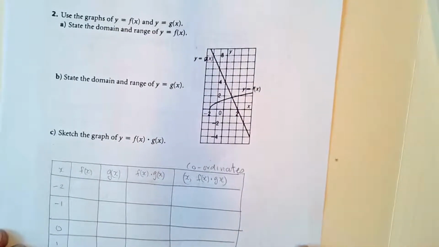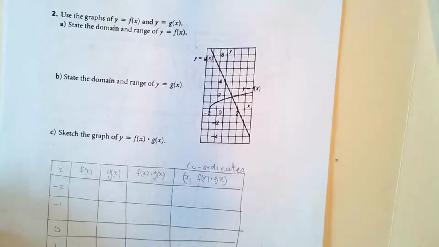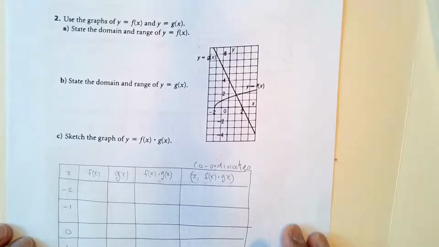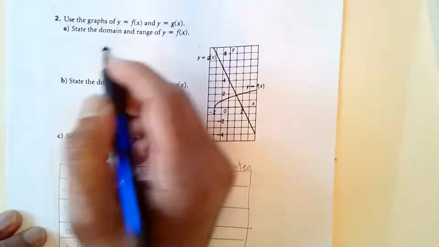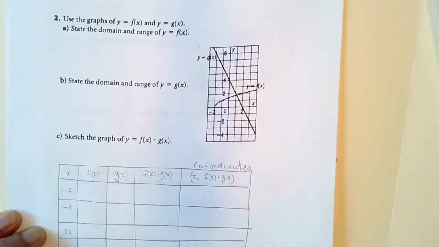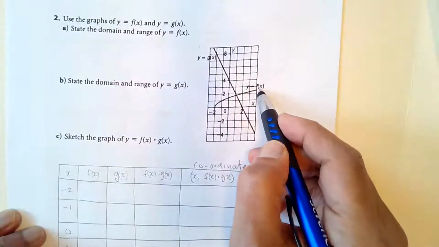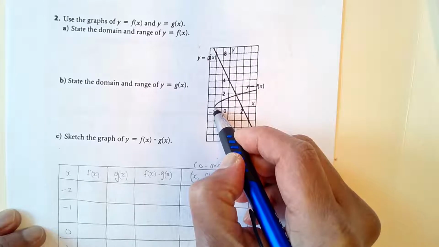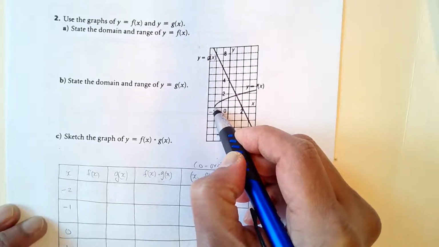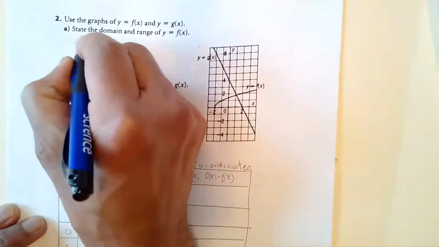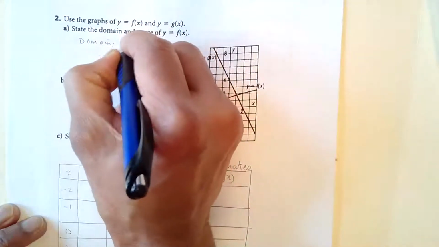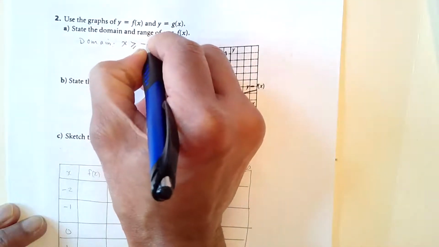Okay, let's go on to question 2. Question 2 asks the first part, say the domain and range for f of x and g of x. Now f of x begins at x is -2. So for f of x, we can say the domain is where x is greater than or equal to -2.